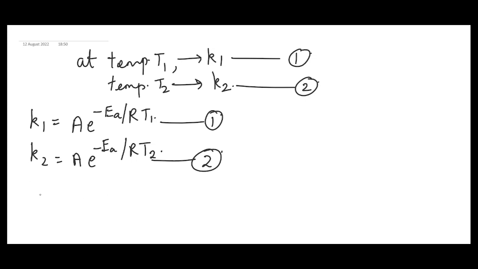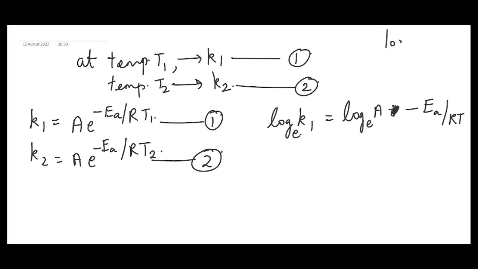Now taking log on both sides for both the equations, we get log of K1 is equal to, obviously the natural logarithm, so the base e, log A plus, by using the log properties, I directly bring it here, so we get minus EA by RT, because log of e power minus EA by RT is nothing but minus EA by RT.